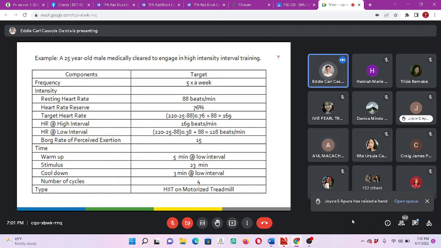Okay, sige. So for example, let's base it on the example. 169 is supposedly your heart rate at high interval.